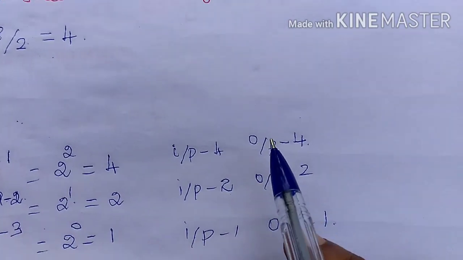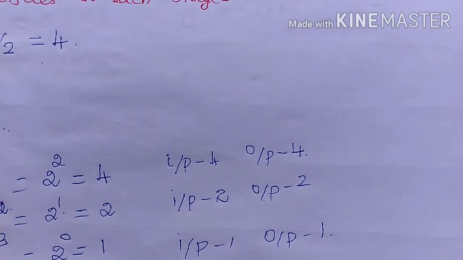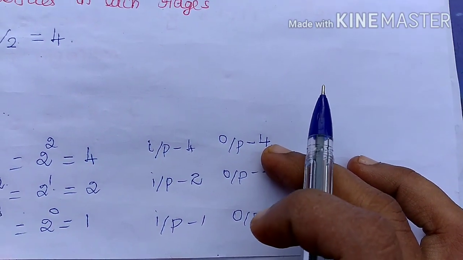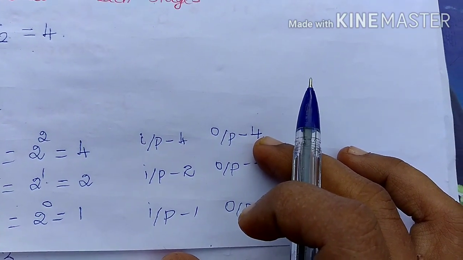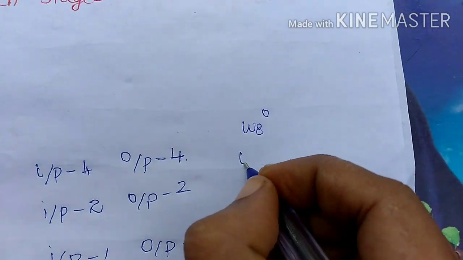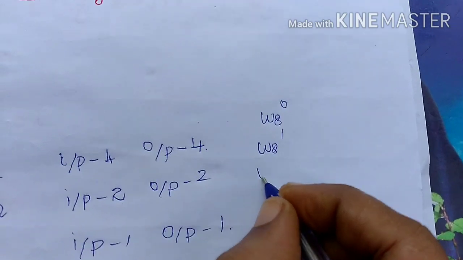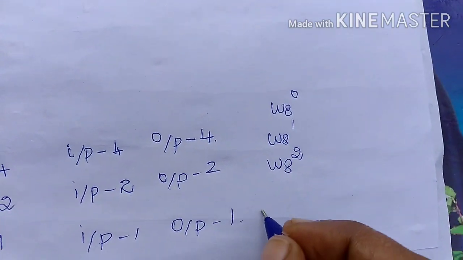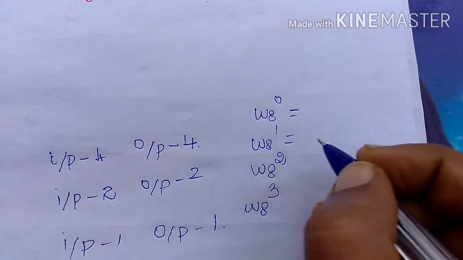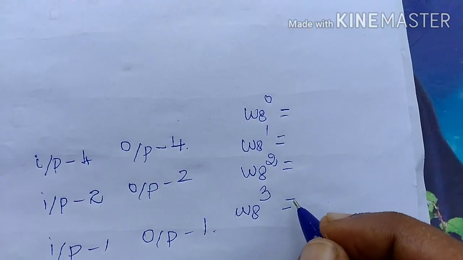So here the inputs are nothing but the external inputs. Okay, so already in the DIT problem we have discussed the external inputs, that is W8 power 0, W8 power 1, W8 power 2 and W8 power 3. These are the 4 external inputs. So we already know the values of these.